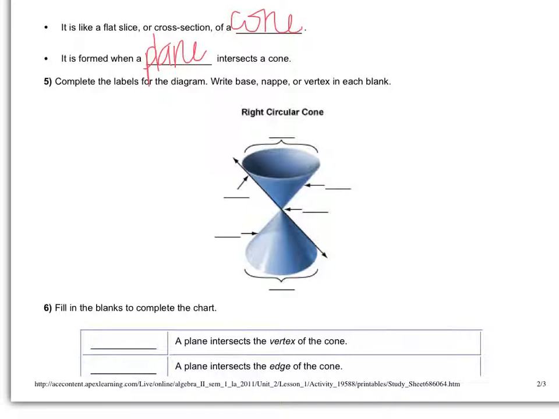So just so you have some idea of what these different parts of a cone are, what this is pointing to here, this piece, is called the base of your cone. The side on the left over here is called your edge.